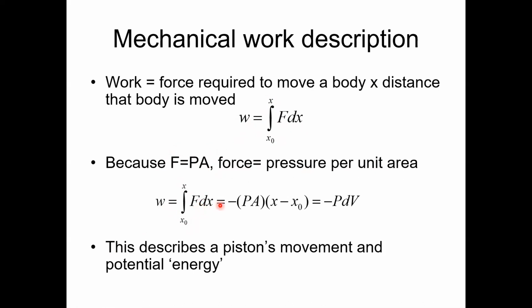If we substitute F equals PA, it is minus PA times (x minus x0), and that equals minus P delta V. So if it changes from the distance x0 to x, that means there is a change in V, so it is P delta V. This describes a piston movement and potential energy.